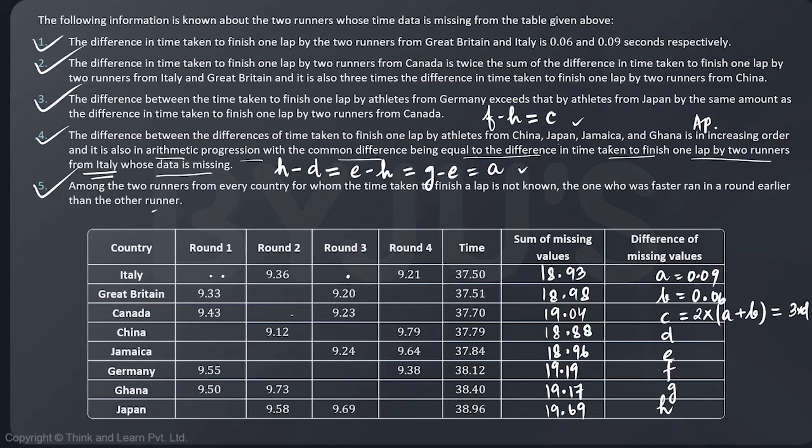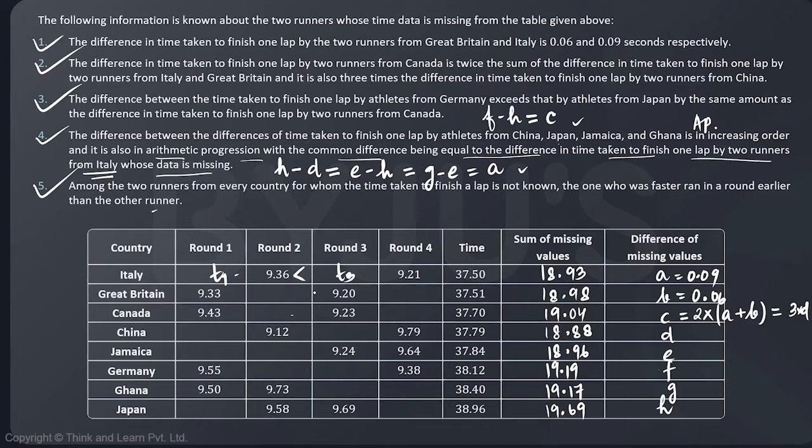We know that, for example, in Italy, round number 1, the runner whose data is missing, he ran faster than the runner in round number 3. If he ran faster to cover the same lap, the time is going to be lesser, as in the time by the first one is going to be less than that of the third. So we know all of this.